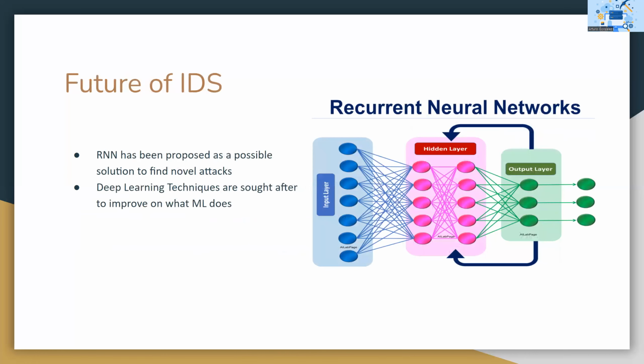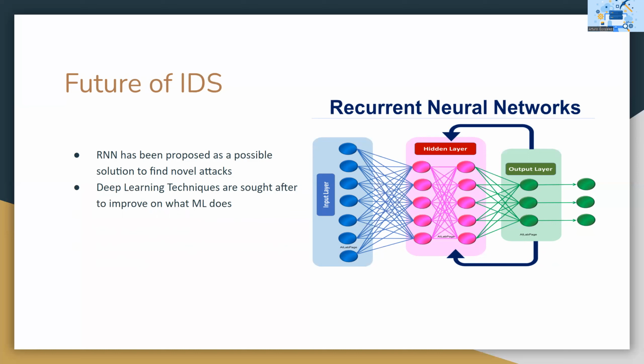So there is a lot of future to this method and to using machine learning within an IDS. One of them is recurrent neural networks, which are currently used in NLP, natural language processing. They also have an innate ability to hold data, which might be used to generate a machine learning algorithm that will look out for novel attacks.